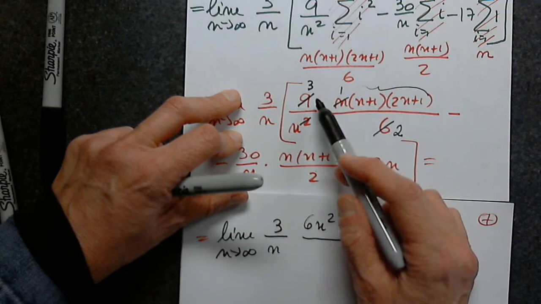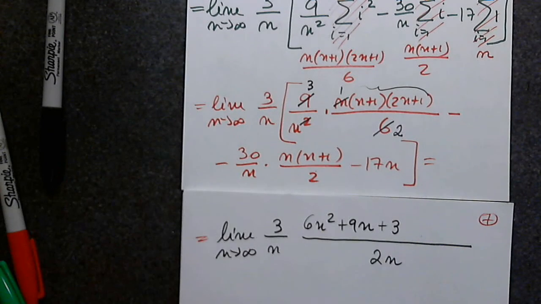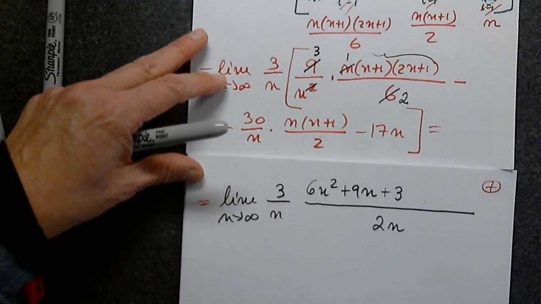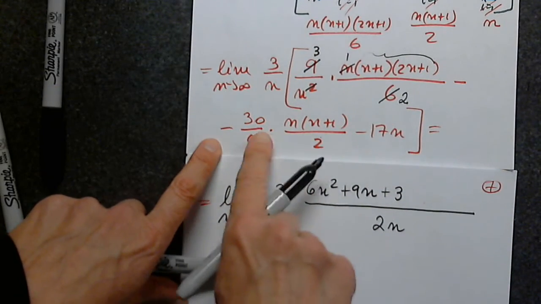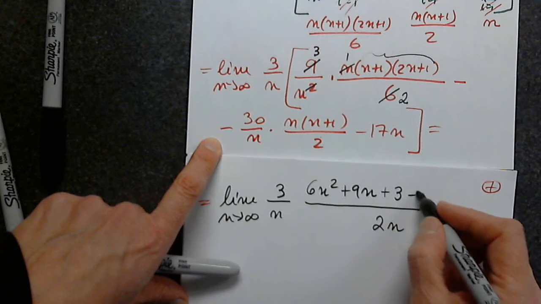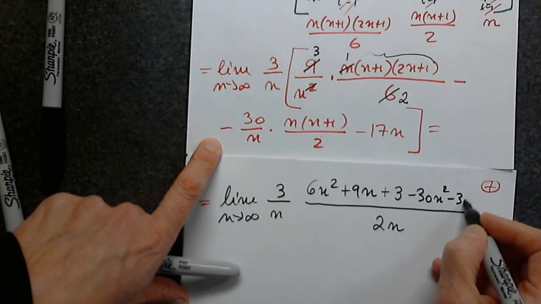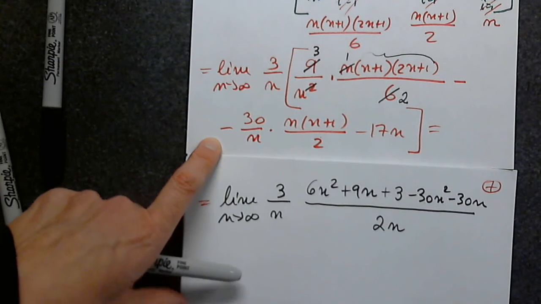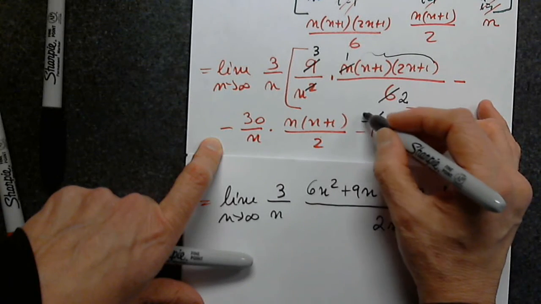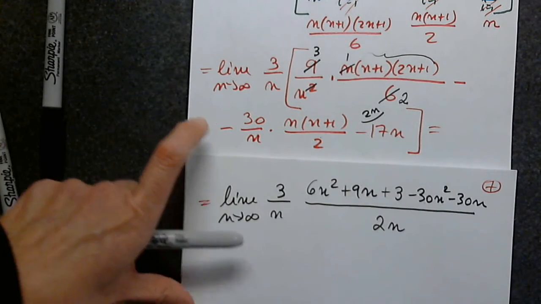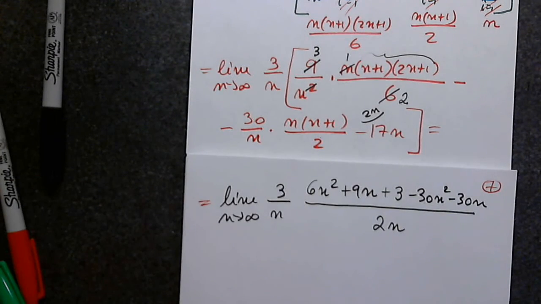And 1 times 1 times 3, plus 3. Now I don't simplify here. It's negative 30n squared minus 30n. But now I have to remember that this needs a 2n because it had denominator 1. Negative 30 minus 34. Correct. Yes, squared.